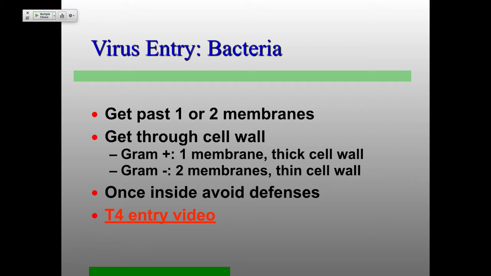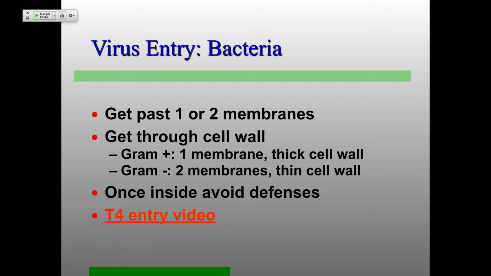But as all of you in microbiology, and hopefully those of you who are not taking microbiology know, bacteria have a real problem, and that is having to deal with the rest of the world. And the way they deal with that is multiple membranes and or cell walls on the outside of the particular bacterium, which is a problem if you think about this from a virus point of view.